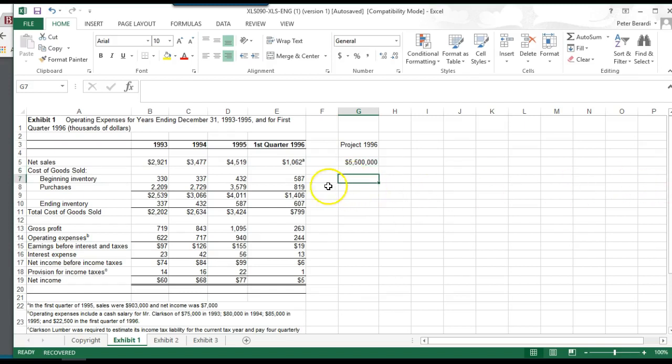We know what our ending inventory was for the year. From this number, our total cost of goods sold, very important number here, and our gross profit.